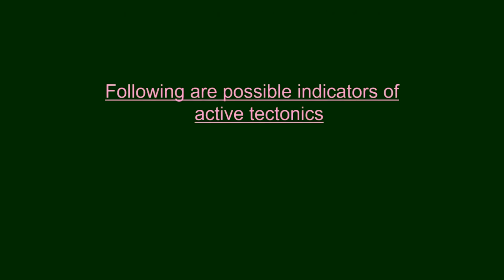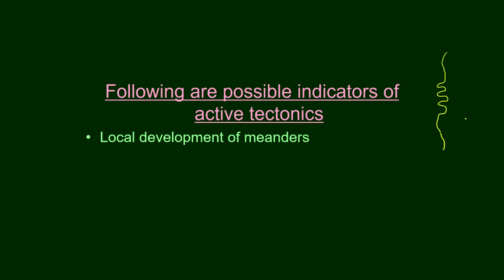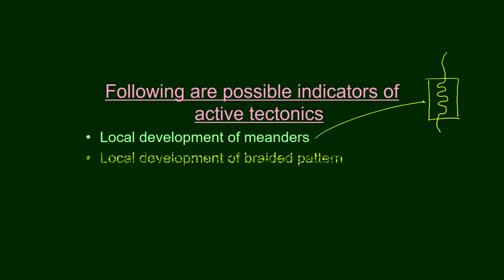So, if we look at what the possible indicators of active tectonics are, let us quickly look at this. Okay. So, local development of meanders. For example, suppose you have a straight channel and then suddenly you get into a local meander. Then local development of braid pattern.